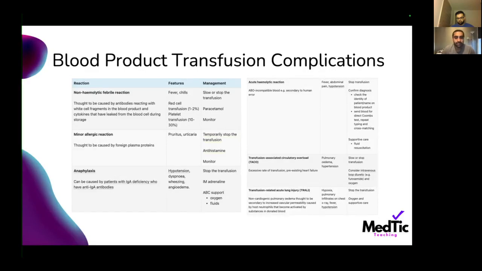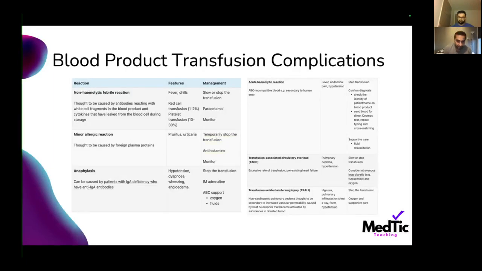Anaphylaxis means these blood products are not ideal for this patient. There isn't a matching of the antibodies, and anaphylaxis is hypotension, difficulty in breathing, wheezing, angioedema, lumps, and flushing. That's when you need to stop the infusion.